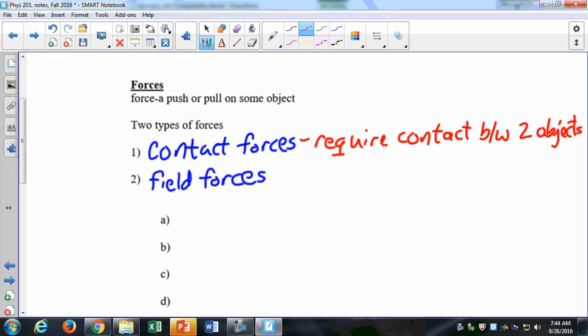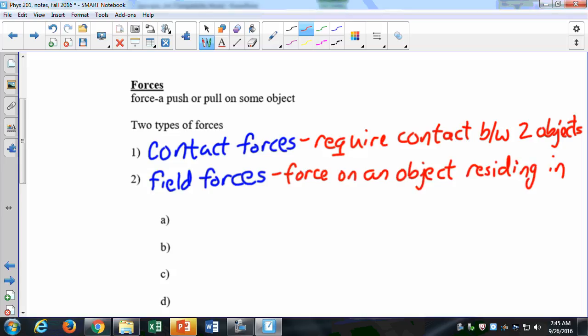Yeah. Okay, so field forces is the force due to an object residing in some force field. Listen, we're going to deal with fields either at the end of this semester or the beginning of the next semester until you're just sick of them.